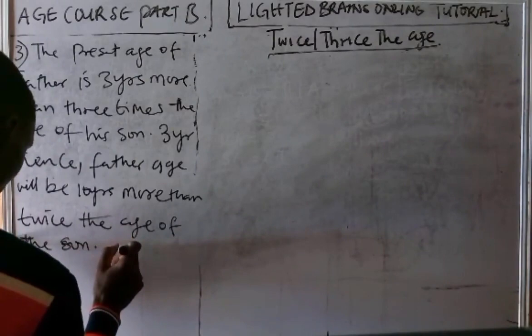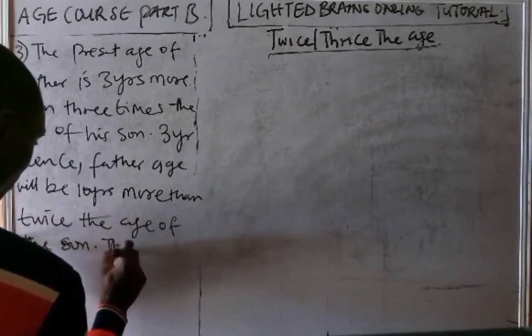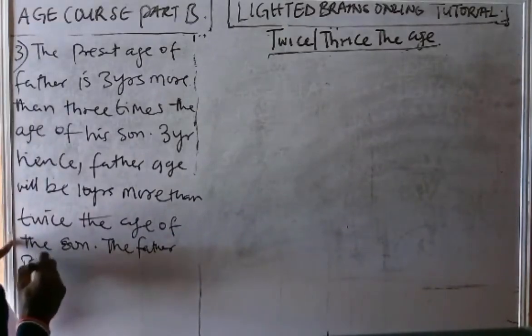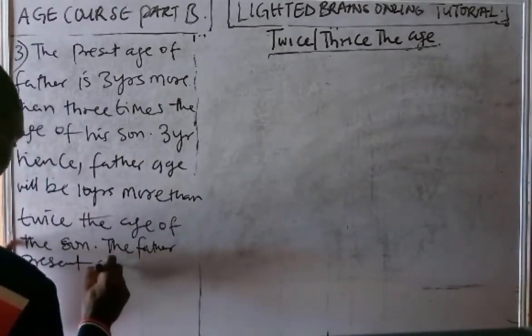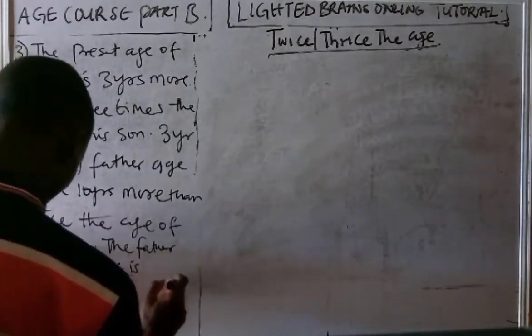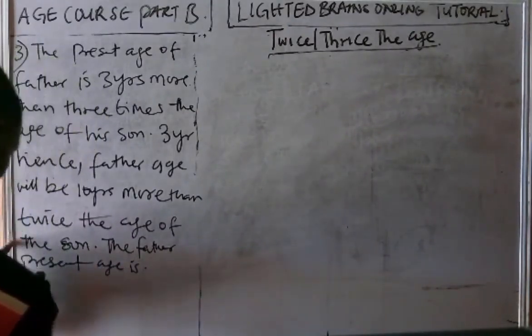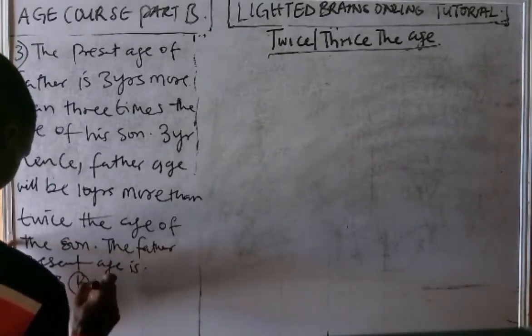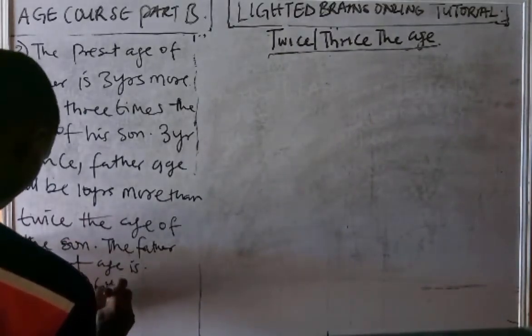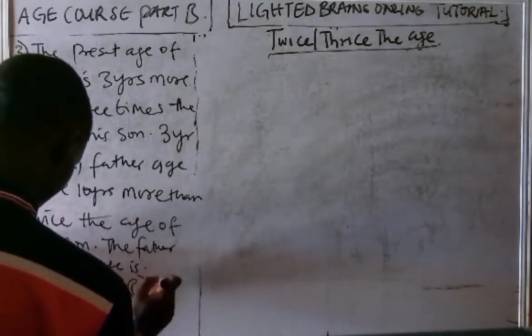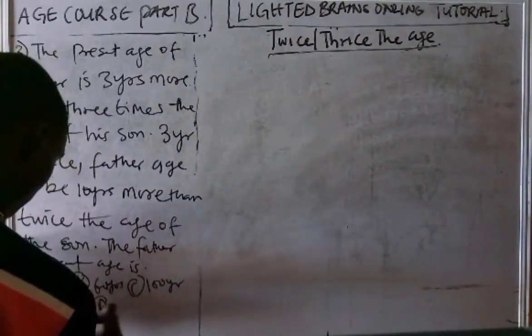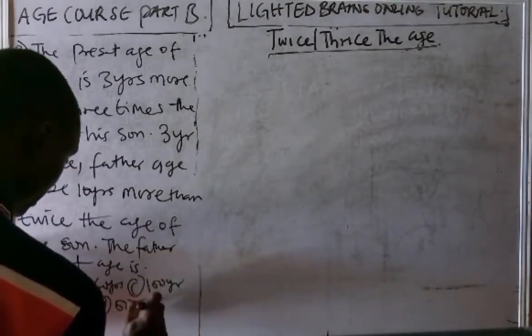Now, the father's present age is: A, 33; B, 60 years; C, 100 years; and D, 50 years.